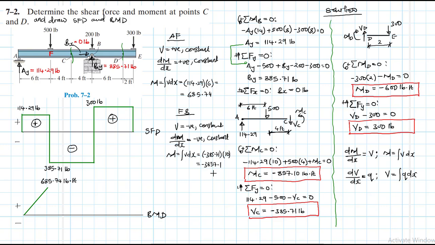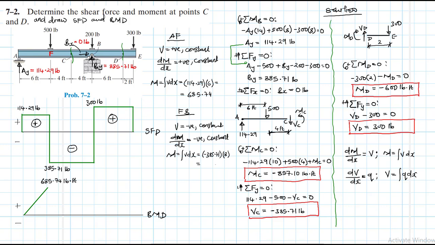No, it is multiplying by 8, sorry, not 10. The length is 8. Let me multiply minus 385.71 by 8.